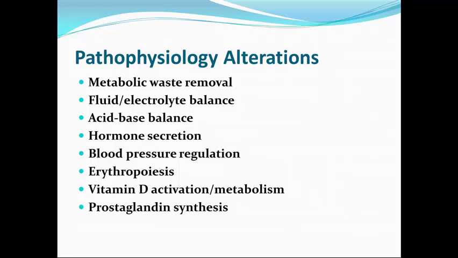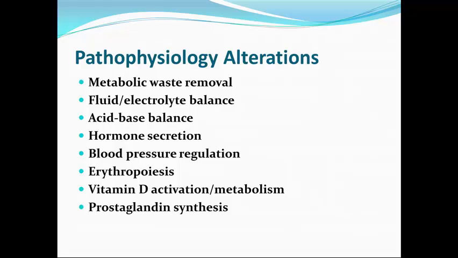Fluid and electrolyte balance, we've talked about that before. Remember that water, as well as our electrolytes, are managed in the tubules through those processes we just talked about: secretion, absorption, and excretion. Acid-base balance. The kidneys have the ability to make buffer as well as to either excrete or keep hydrogen and bicarbonate.